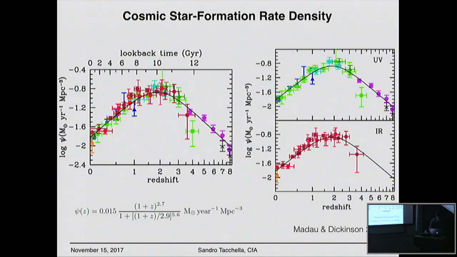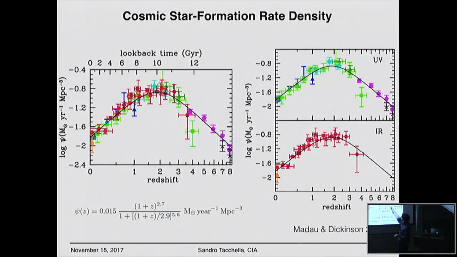In any case, nowadays we have measured star formation rates in deep surveys for many, many galaxies. And so we now have a very good understanding of how the cosmic star formation rate density, so the solar masses per year per cubic megaparsec, evolves as a function of redshift or look-back time.